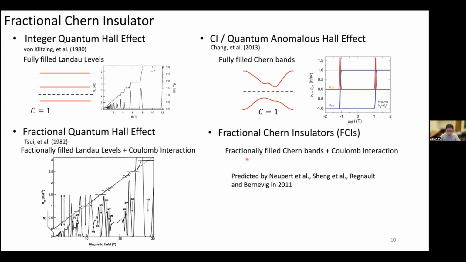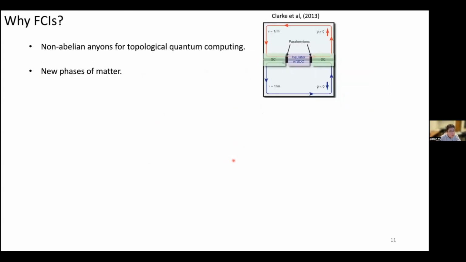After this initial theoretical proposal of fractional Chern insulator, or in short FCIs, people have been actively searching for this system in experiments. So the underlying motivation is twofold. First, if we can achieve FCI, it might help us achieve non-binary anyons beyond Majorana zero modes for topological quantum computing.